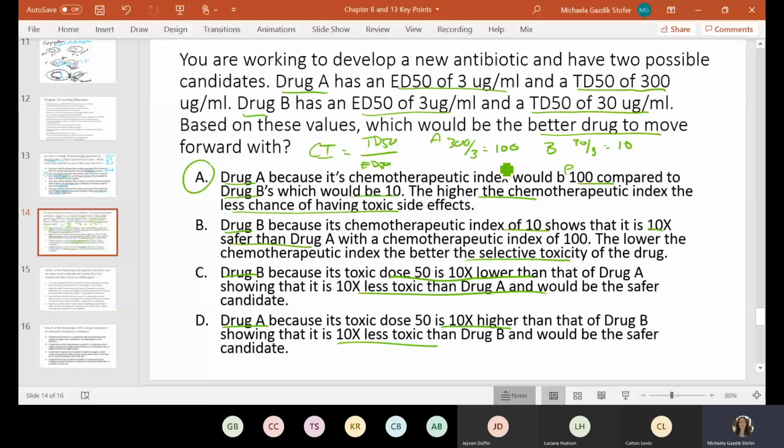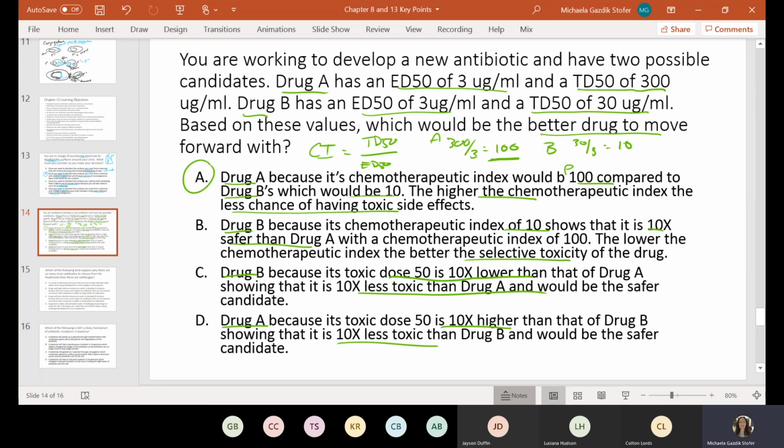And what that's telling you is how safe the drug is. A higher chemotherapeutic index means more selective toxicity. The drug is harming the pathogen, but it's not harming your own cells. The lower that number gets, the more chance there is of side effects, because the more chances the drug is going to cause toxic effects in your cells themselves.